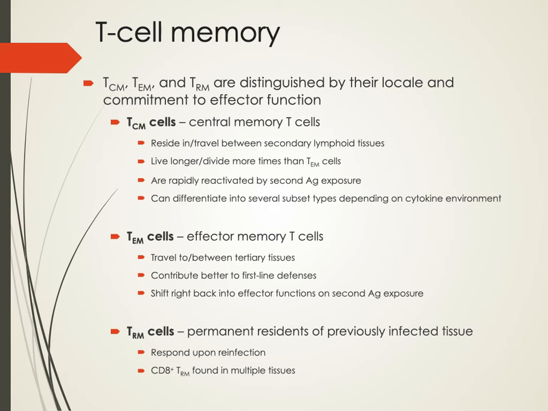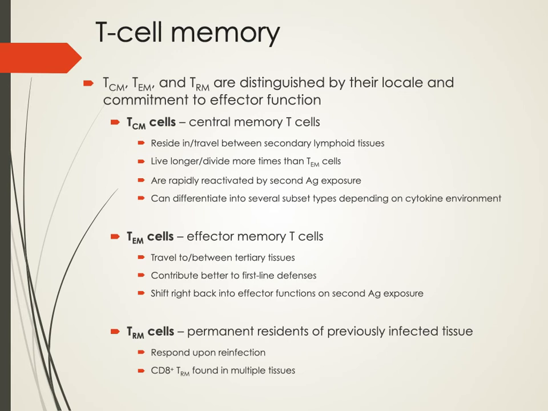These are going to be longer lived and divide more than our effector memory, so they're more stem cell like and have more cell renewal possibility. They get rapidly reactivated when there is a second antigen exposure, and then they can differentiate into several different subsets depending upon the cytokine environment.